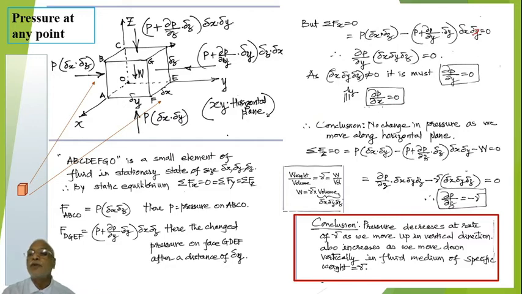Y has come twice, so this is delta z. So P into delta x, delta z cancels with P into delta x, delta z with this minus sign. You'll be left with only dou P by dou y into delta x, delta y, delta z equal to 0. Of course it will be with a minus sign, but if you transfer it to the other side, though there is a negative sign, it will be fine, it will be positive.